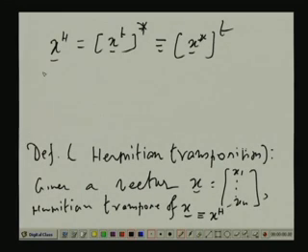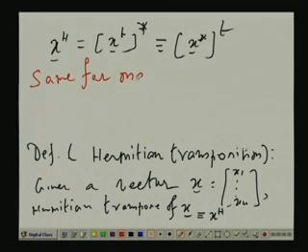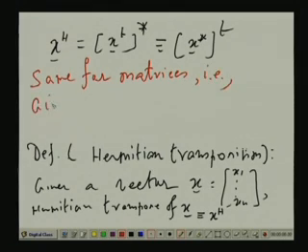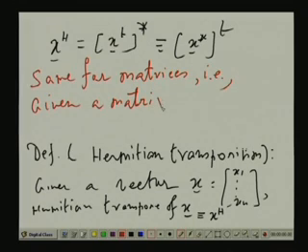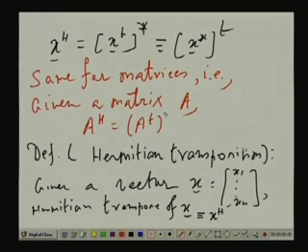Similarly, the same for matrices. Given a matrix A, A H is nothing but either A transpose then conjugate: just take the matrix, transpose it, you get another matrix, then conjugate all the elements.